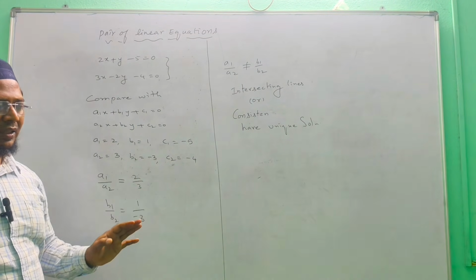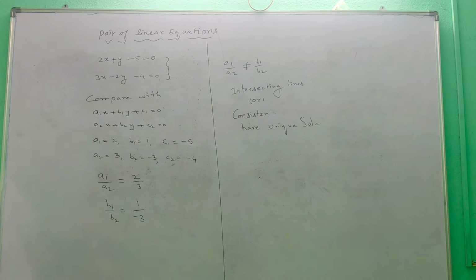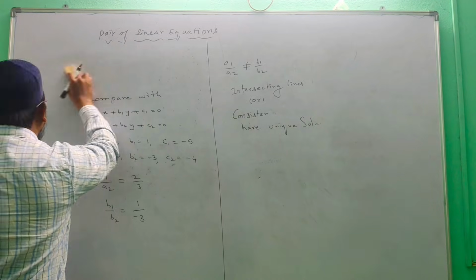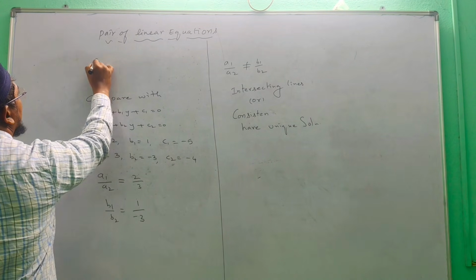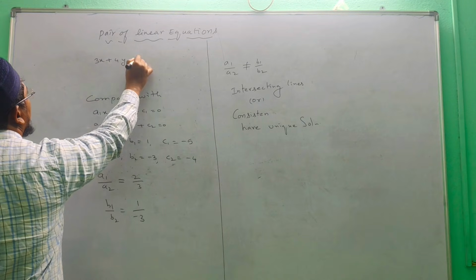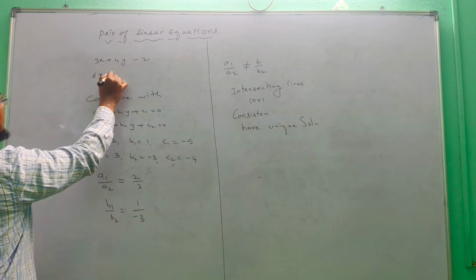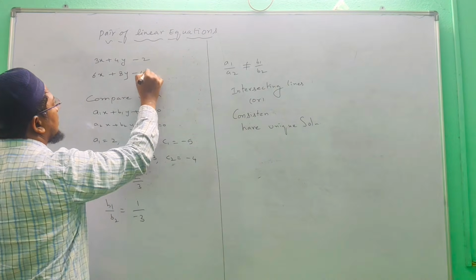Let us take one more example. The second equation, 3x plus 4y minus 2, and the second equation is 6x plus 8y minus 4 equal to 0.